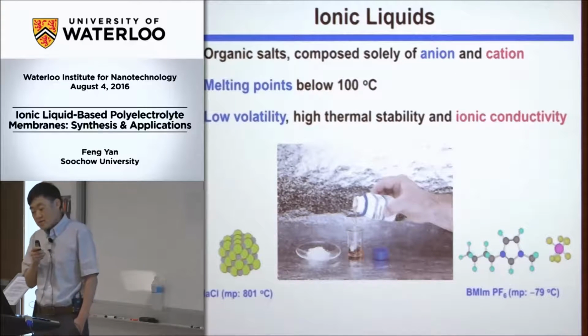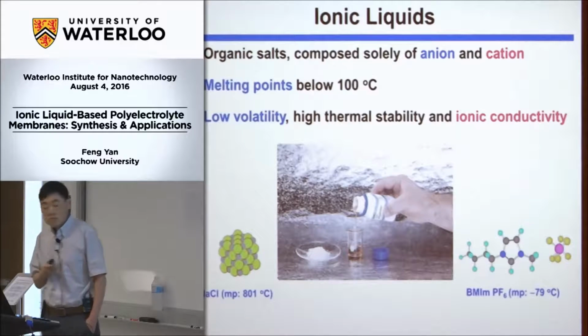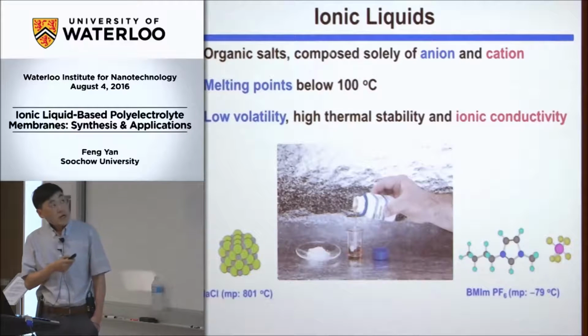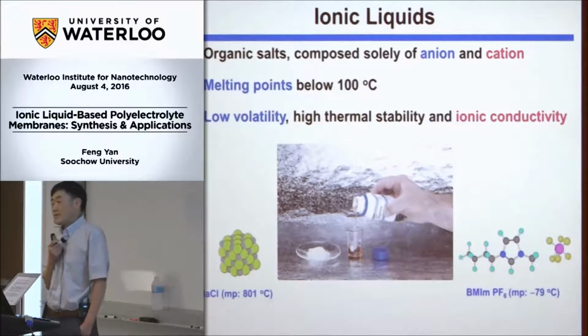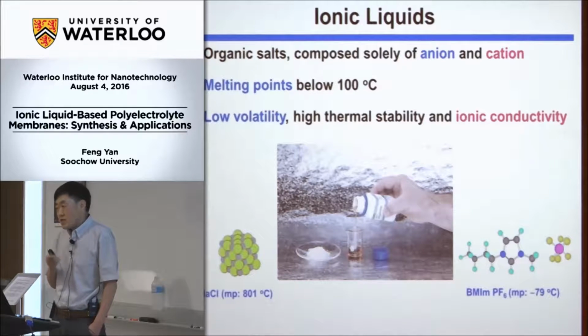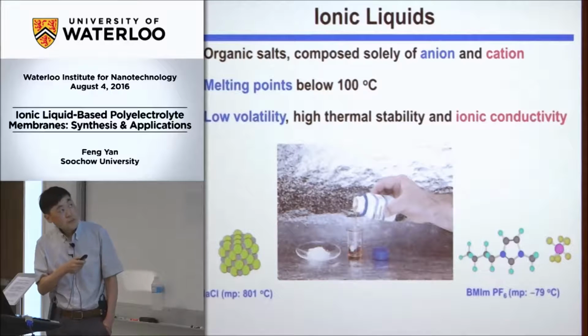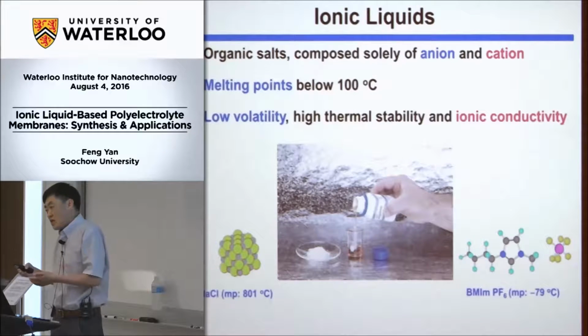Ionic liquids are actually an old story, not a new compound. They are organic salts composed solely of anions and cations. But the difference between ionic liquids and inorganic salts is the melting point. It's below 100 degrees. If the melting point is below room temperature, it's called a room temperature ionic liquid.